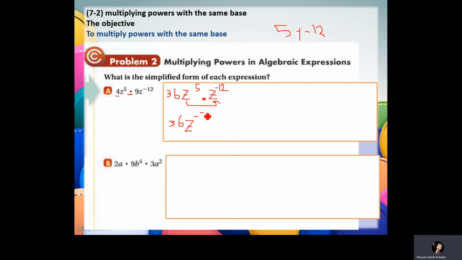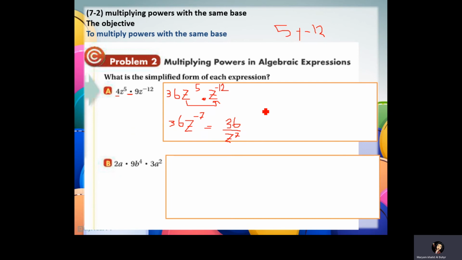According to the sign rule that you learned before. So that is -7. I should continue my work. I learned if I have a negative power, I can move it down. So I will keep 36 up because it has a positive power. It's already ready, nothing to simplify it with. Over Z to the power 7. I moved it down to make it positive.